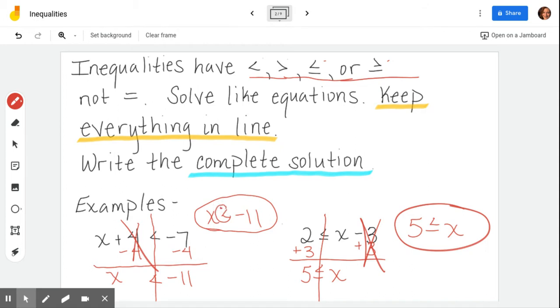So Pac-Man always eats the bigger part. On the first one we did, x is smaller because it's not eating the x. On this next one that we did here, x is bigger because Pac-Man's eating the x. With the equal to sign, it means 5 would work, or anything greater than 5 would work.